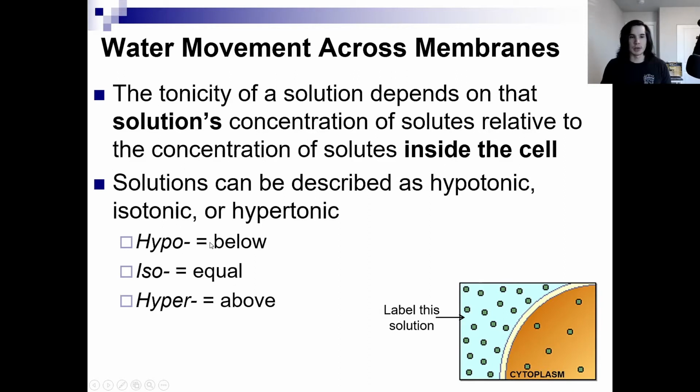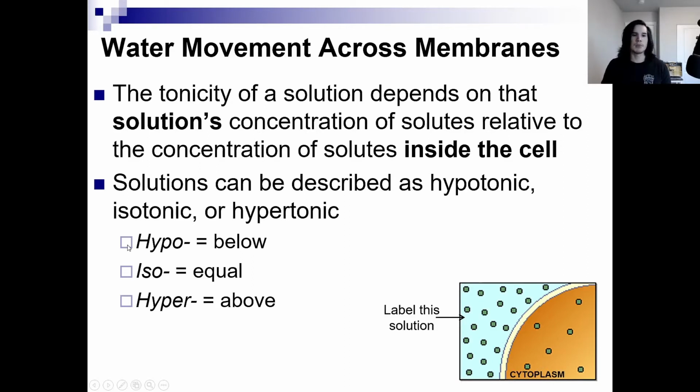So when we're talking about the tonicity of any kind of solution, we can ascribe 3 different types of names to it. We can have hypotonic solutions, isotonic solutions, and hypertonic solutions.